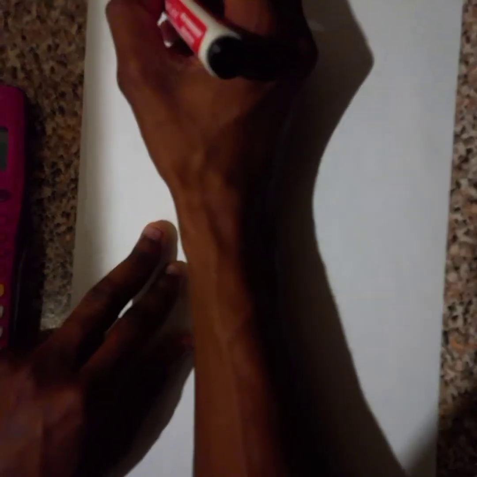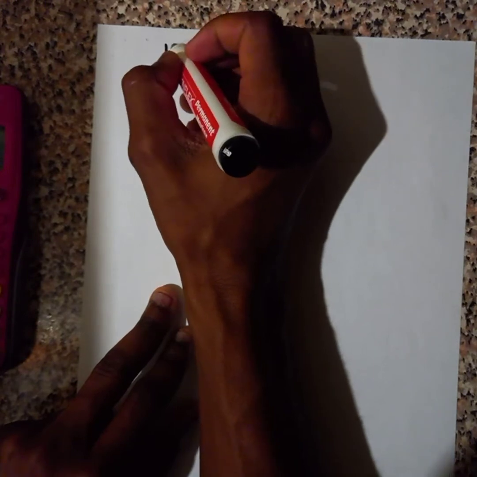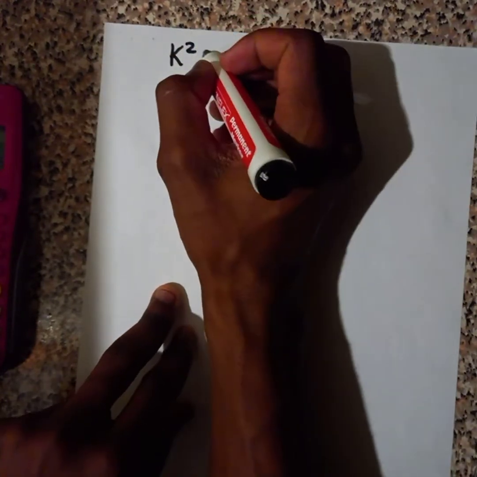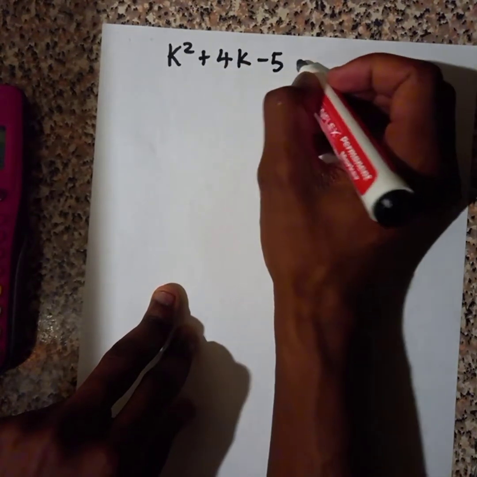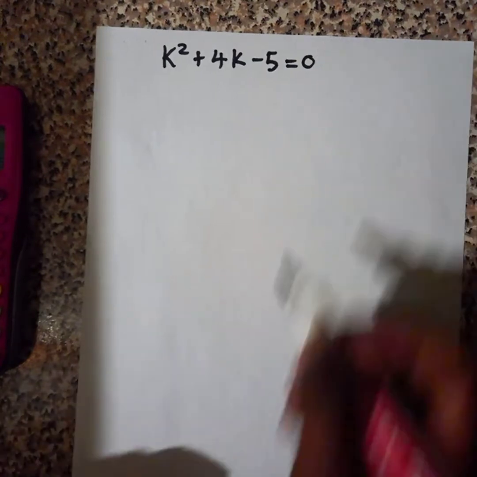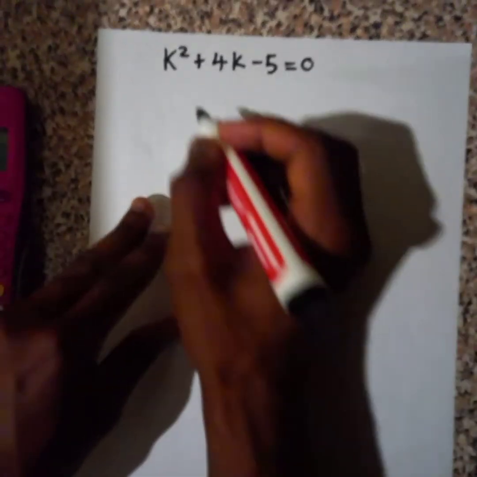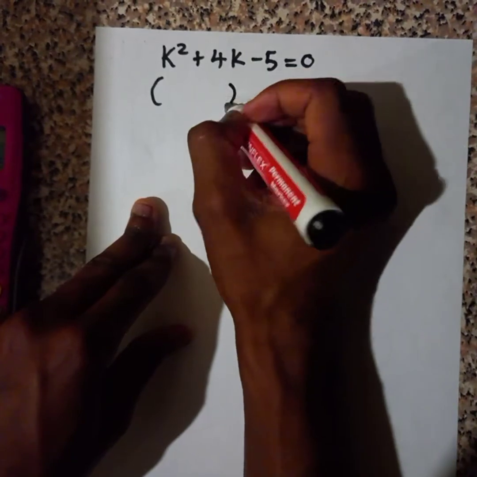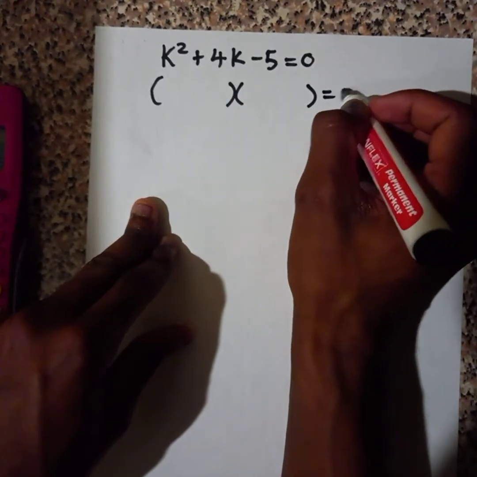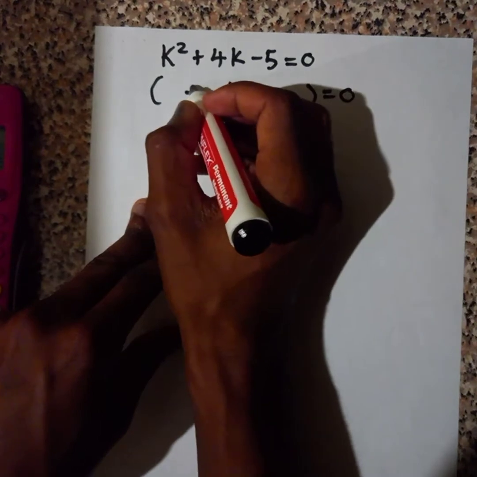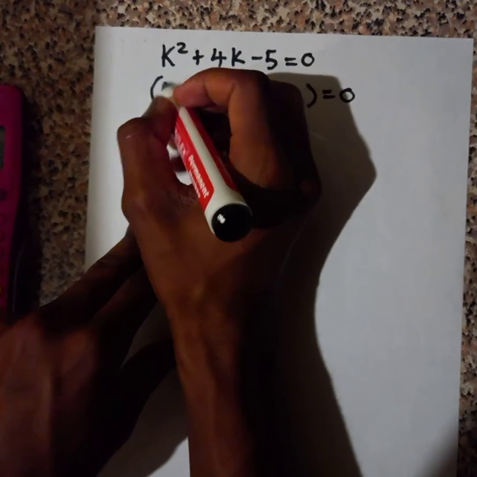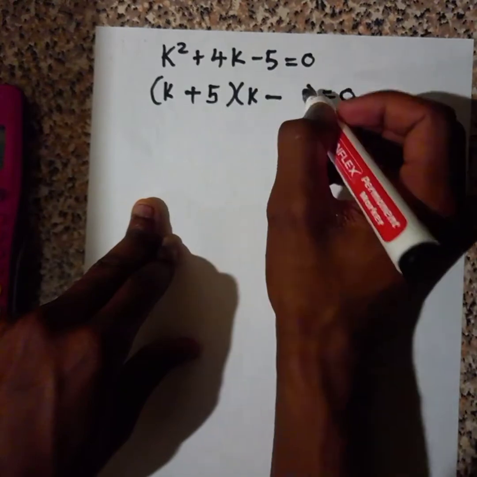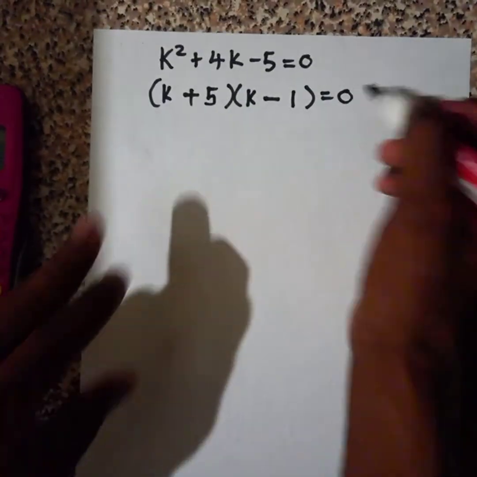This is our trinomial: k squared plus 4k minus 5 equal to 0. Let us find the factors. It's so simple. You will open your bracket. After opening your bracket, and putting plus this side and a negative this side, we're going to have k plus 5 and k minus 1 is equal to 0.